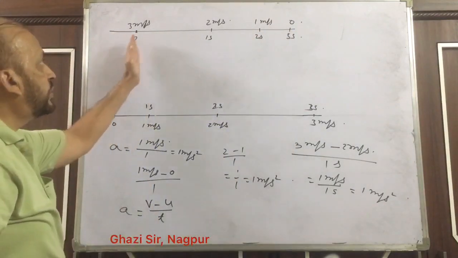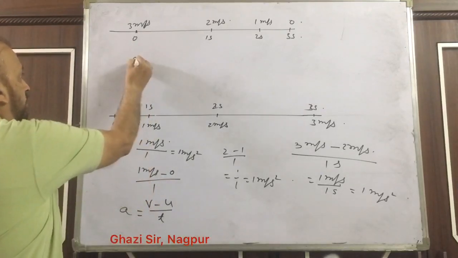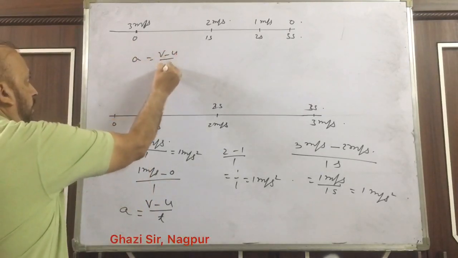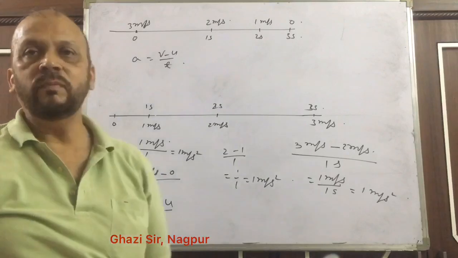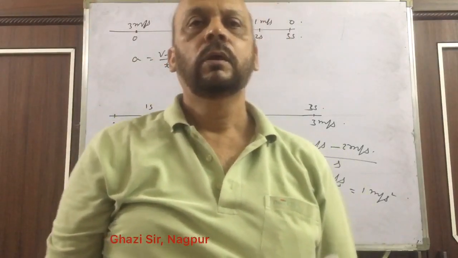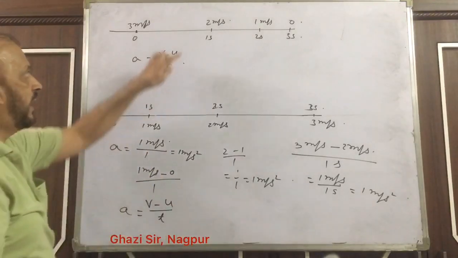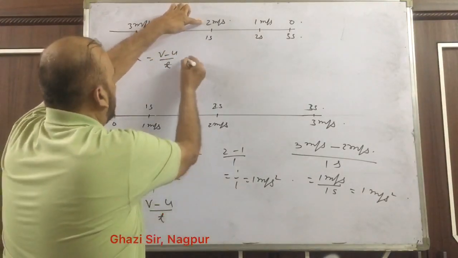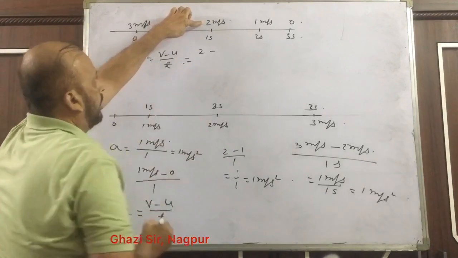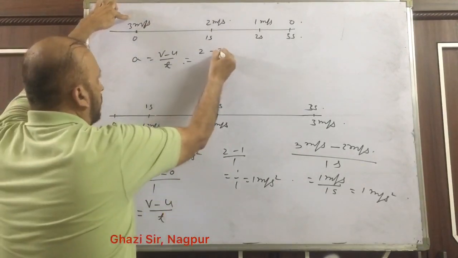Now between these 2 points, acceleration is equal to V minus U upon T. V means final velocity, U means initial velocity, T is the time. So final velocity is 2 meter per second, minus initial was 3.